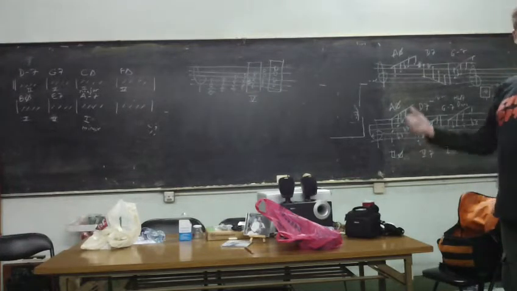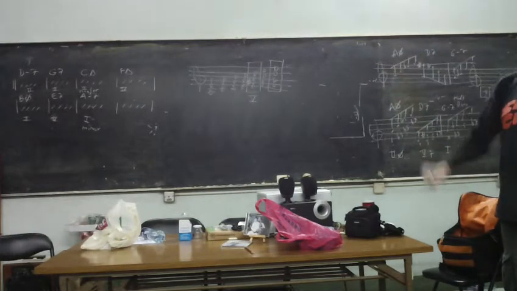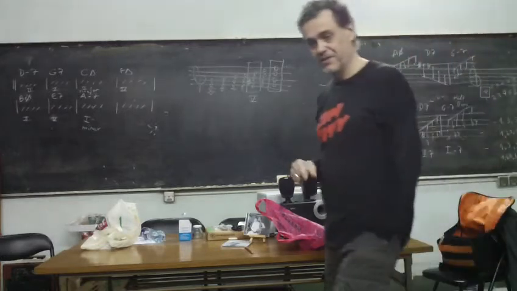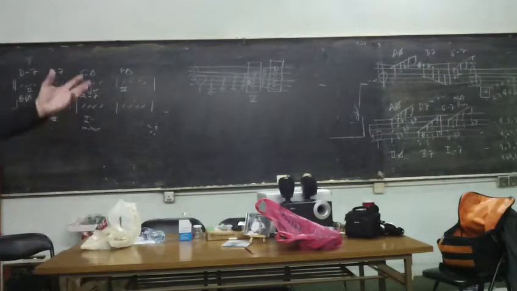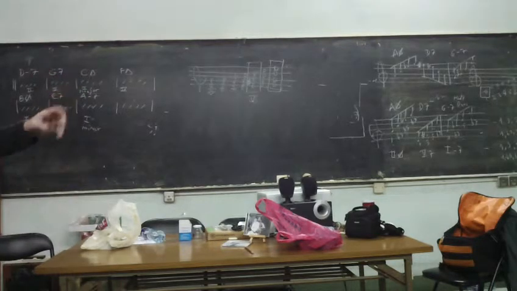So this is a kind of artificial. This is not natural. Doesn't exist. So it was an artificial device to transform the minor scale into a tonality. Otherwise, it was a mode.